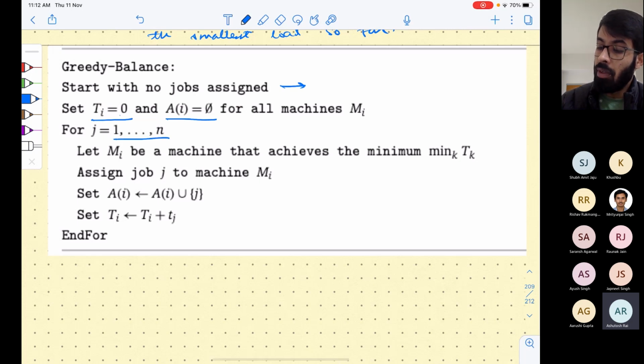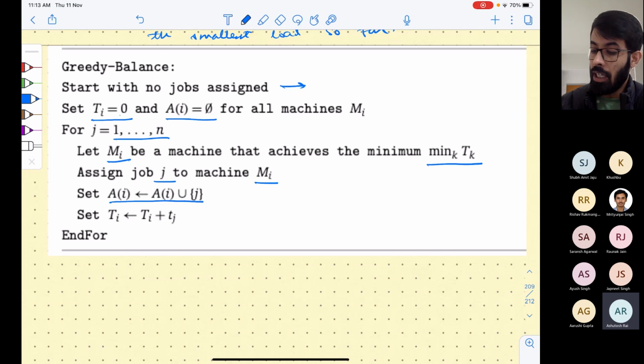And for every job j, let Mi be a machine that achieves the minimum current load Tk. Assign the job j to machine Mi, add the job to the machine's assigned jobs, and increase the load of the machine. You keep doing this, right?